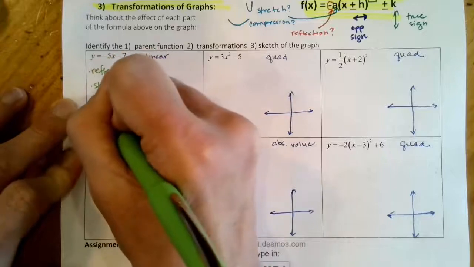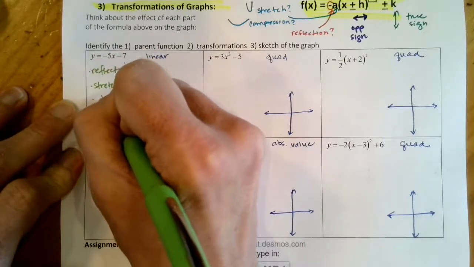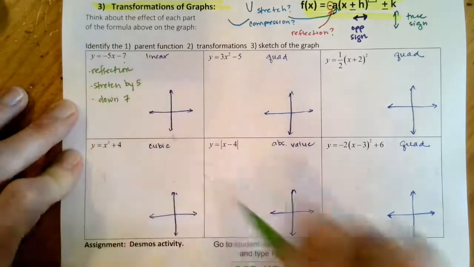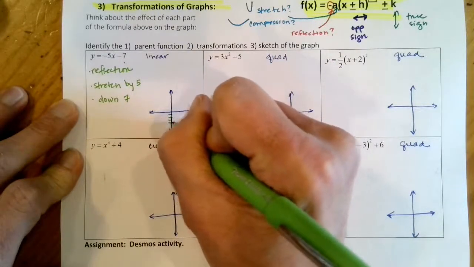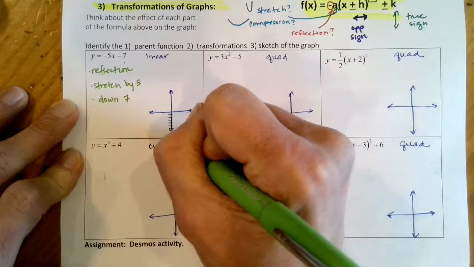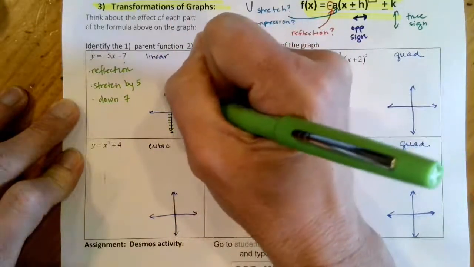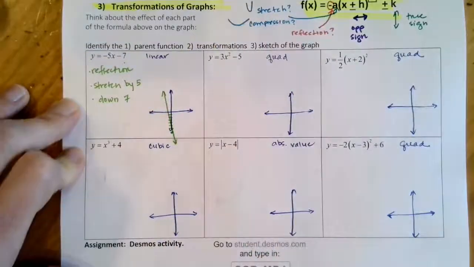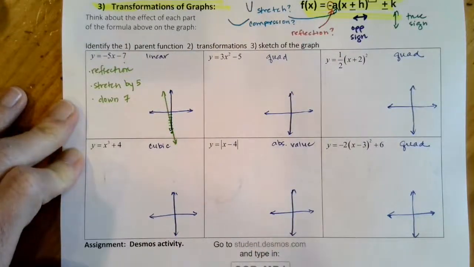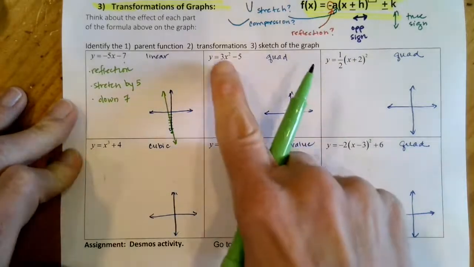And my vertical shift is going to have it coming down 7. So if I were to count 1, 2, 3, 4, 5, 6, 7, this graph is going to be a pretty steep one that's linear and a negative slope.